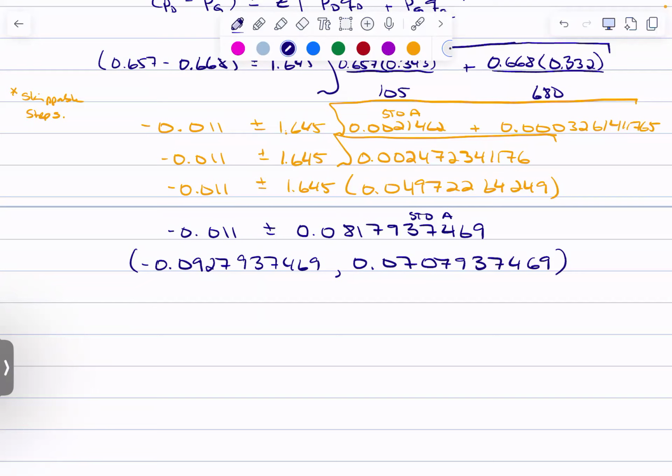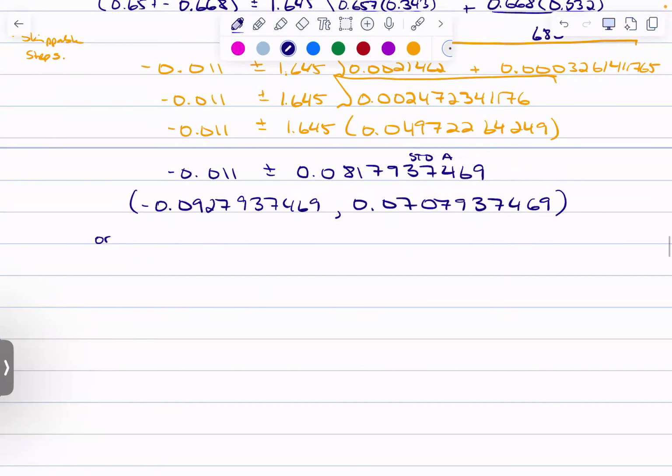We can trim this up now, right? And just use rounded values. Or negative 0.093, let's do 3 decimal places, up to 0.071.